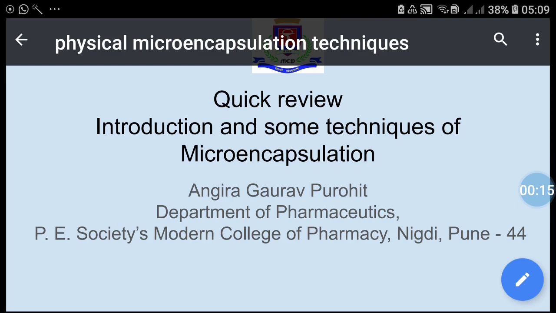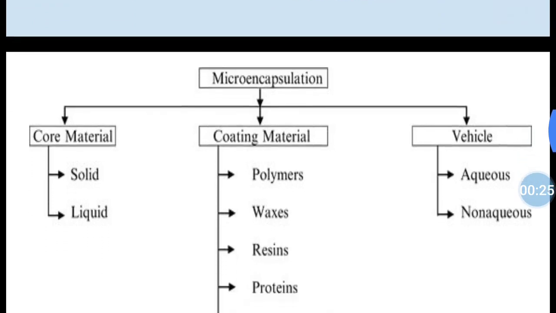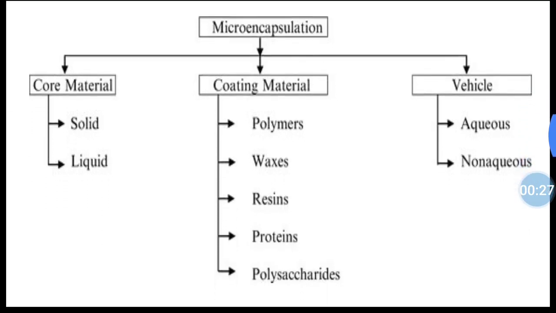In this video, a quick review and introduction of some techniques of microencapsulation is covered. Some microcapsules are formed of core material which is coated by a polymer or other material.